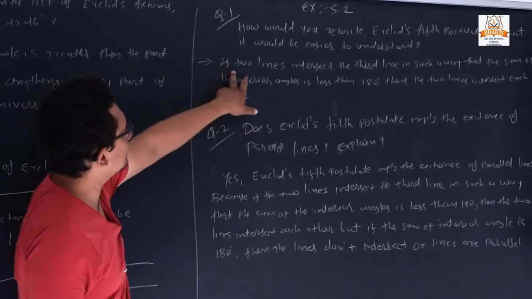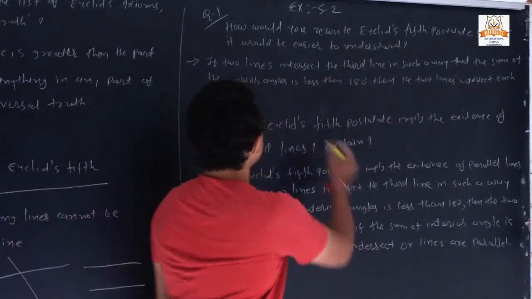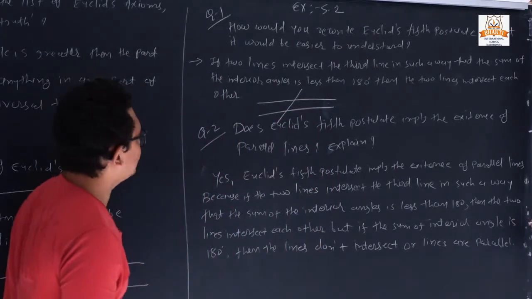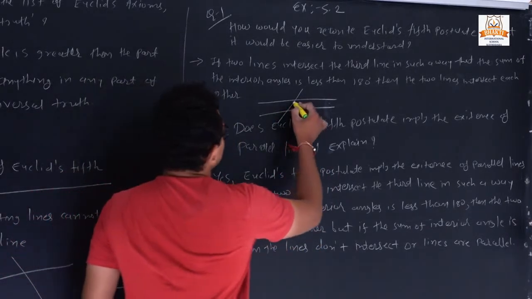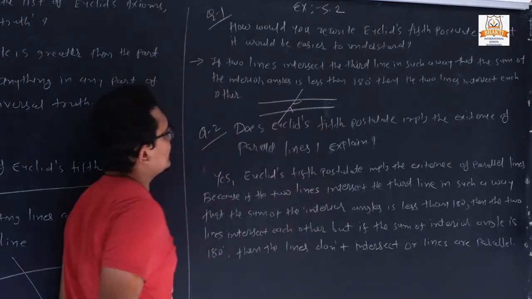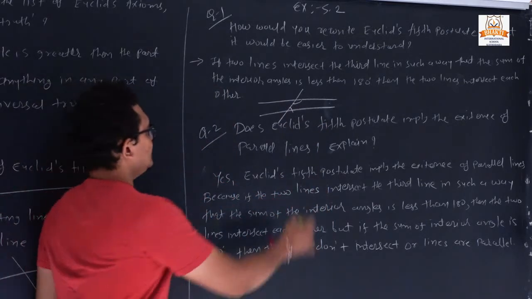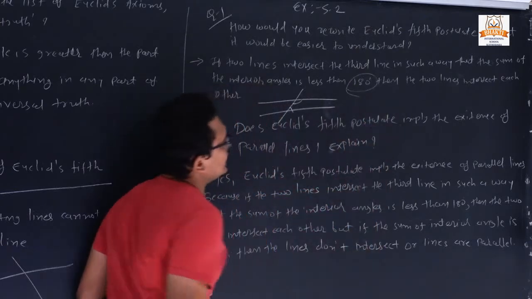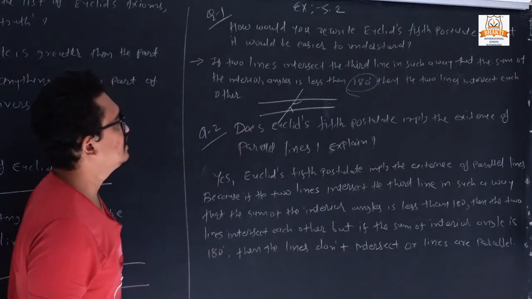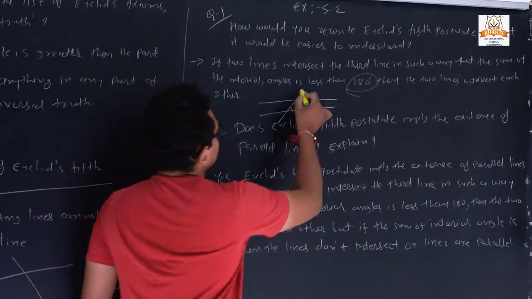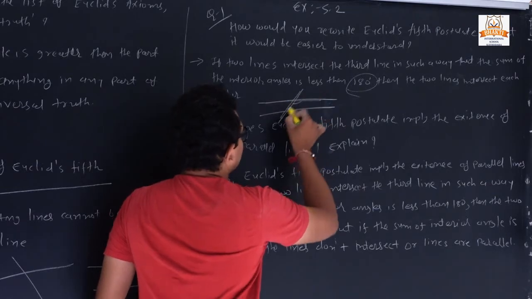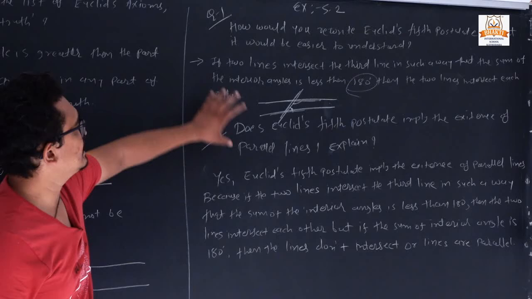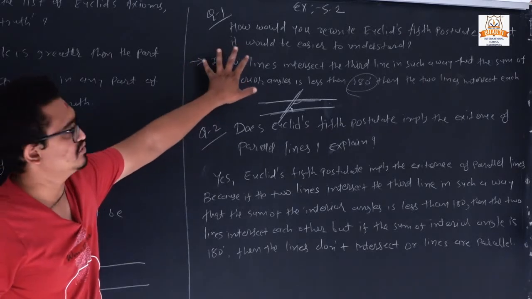We can write it like that: if two lines intersect a third line in such a way that the sum of the interior angles is less than 180 degrees, then the two lines intersect each other. Clear? So that is the second version of Euclid's fifth postulate.